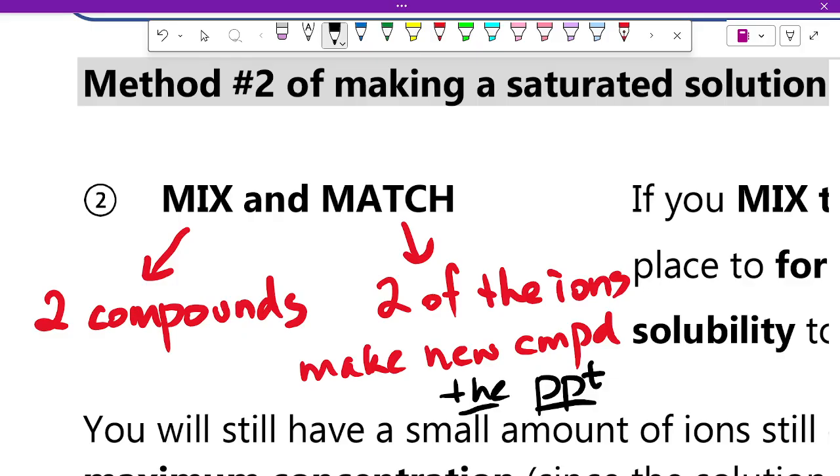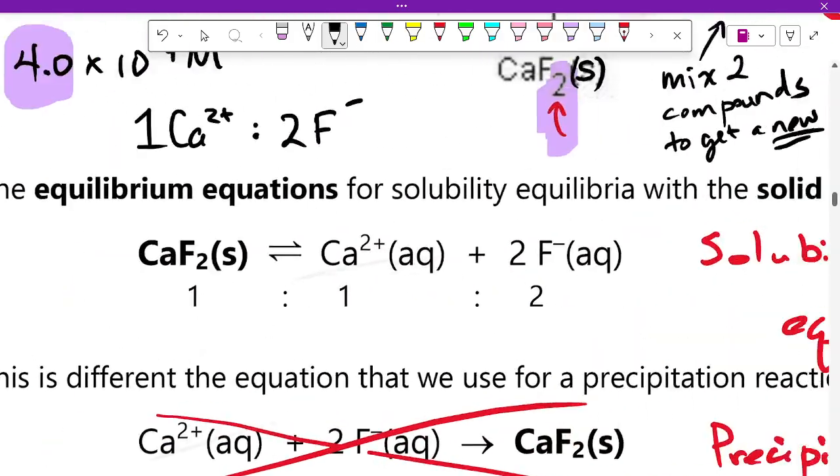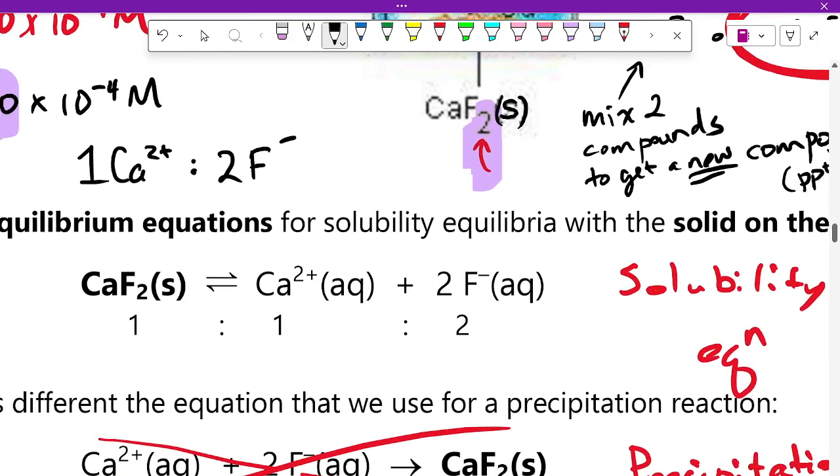You can get to a maximum concentration of ions in a couple of different ways. You could do your dump and stir, but what if I had a solution that had just a tiny bit of fluoride in it, say sodium fluoride?